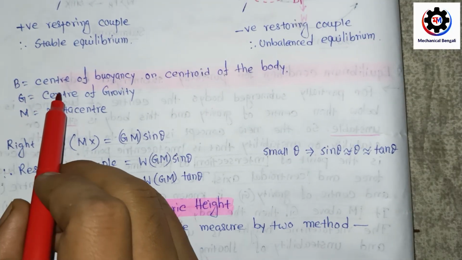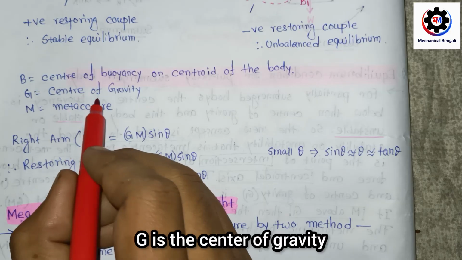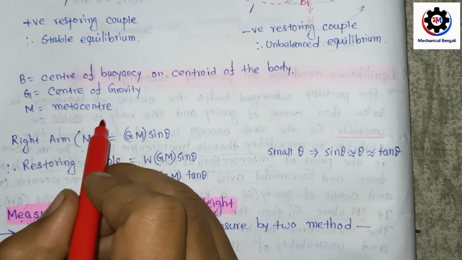So B is the center of buoyancy, G is the center of gravity, and M is the metacenter.